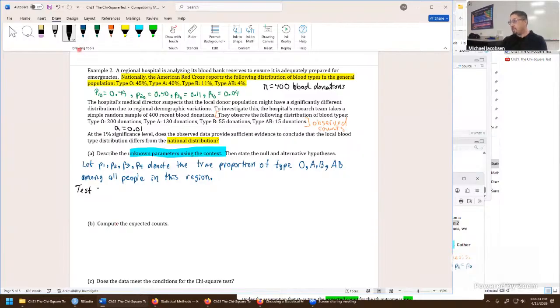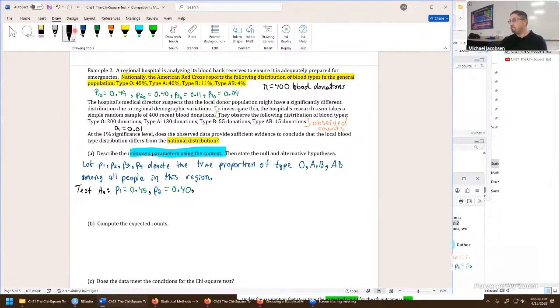H naught, that P1, let me follow the color coding. P1 is equal to 0.45. P2 is equal to 0.40.